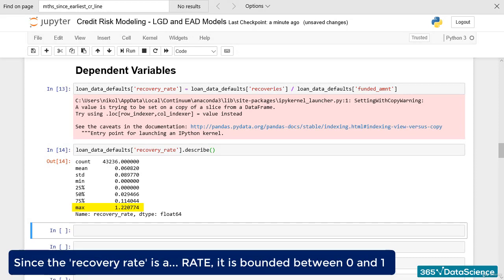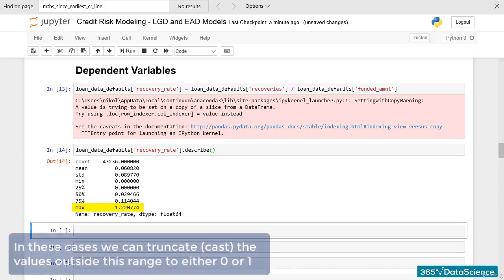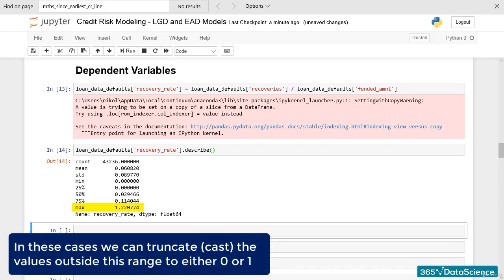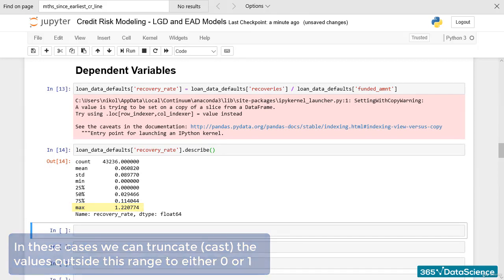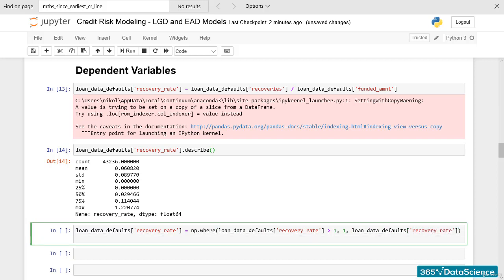However, it happens sometimes that we see values falling outside this range due to certain accounting calculations and how the different databases reflect them. In these cases, we can truncate the values that are outside the 0-1 range to either 0 or 1. Let's do that here. So wherever the recovery rate is greater than 1, we assign a value of 1, and where it isn't, keep the existing value.